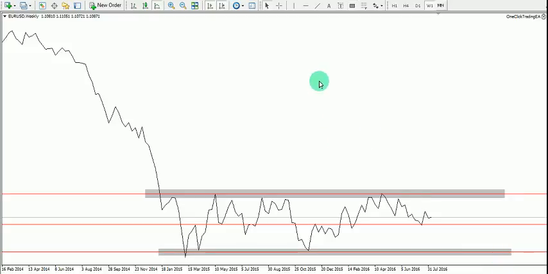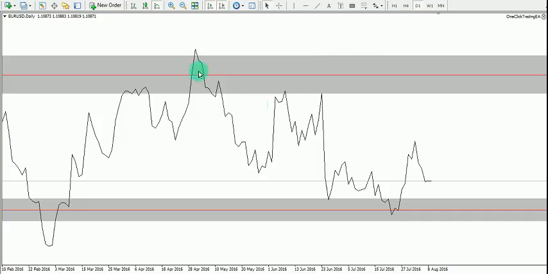Other than that, this one as well, I'm sorry, this one as well, I would rate as an A plus, where I would be risking 2%. Other than that, I'm not going to be risking 2% on any other zones that I would find on the daily chart.